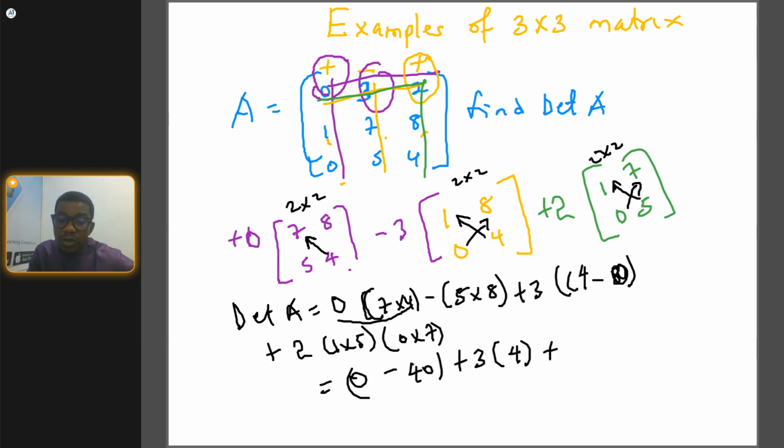Then also plus 3 times 4. And next, there will be a minus between these. Take note, as well as a minus. So we have plus 2 in brackets.